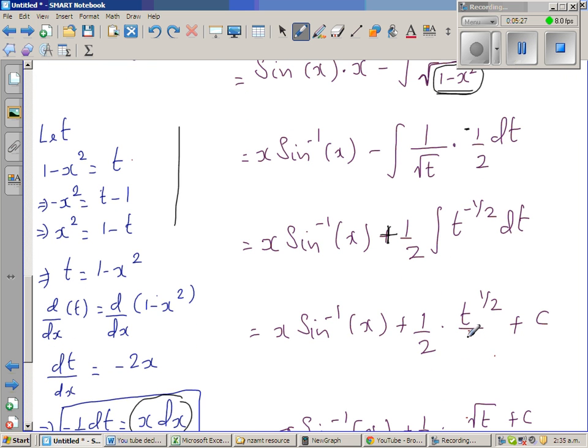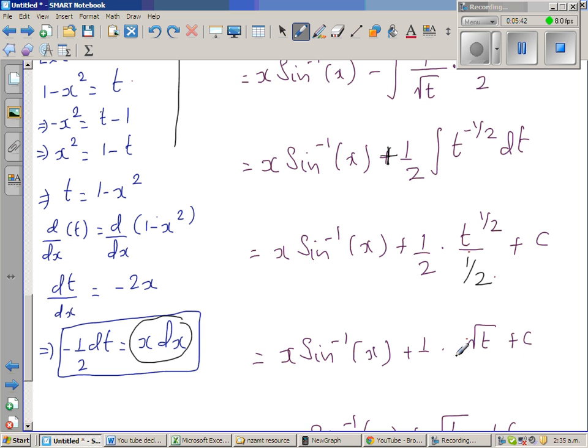Integrating t to the power negative half, we add 1 to the power, so that will be t to the power half over half, and this half and that half, the 2 will go to the numerator, and then these get cancelled.